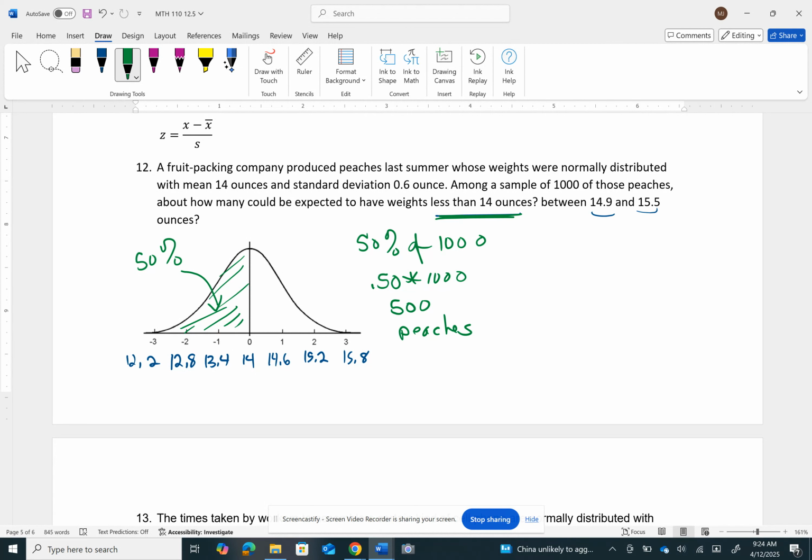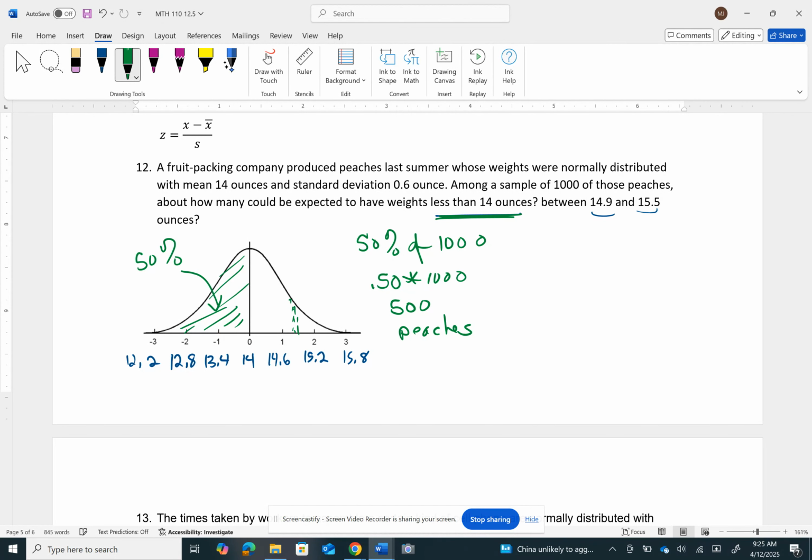Okay. Now, the next question is, about how many could be expected to have weights between 14.9 and 15.5? So 14.9, that's going to be about right here, somewhere in there, maybe about halfway.